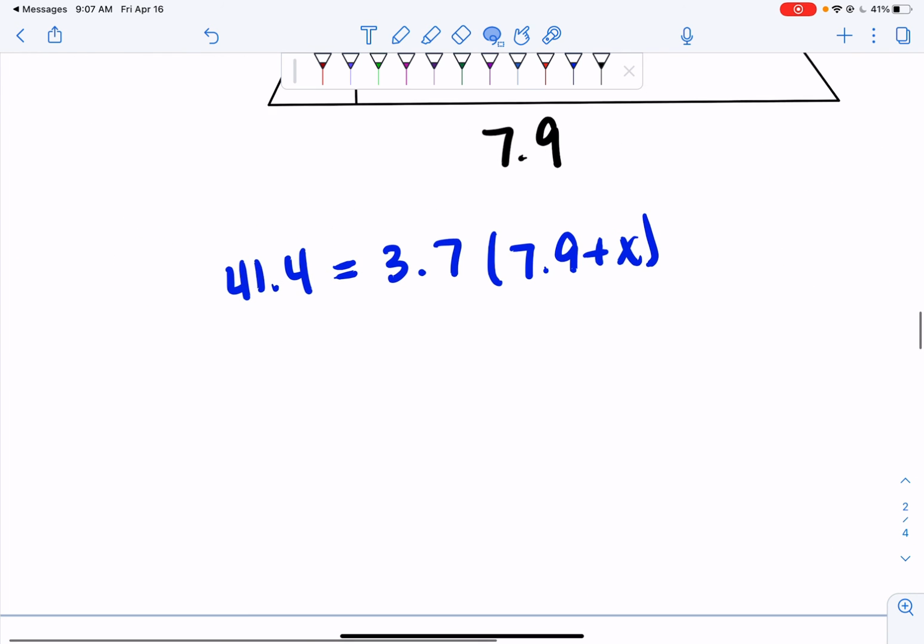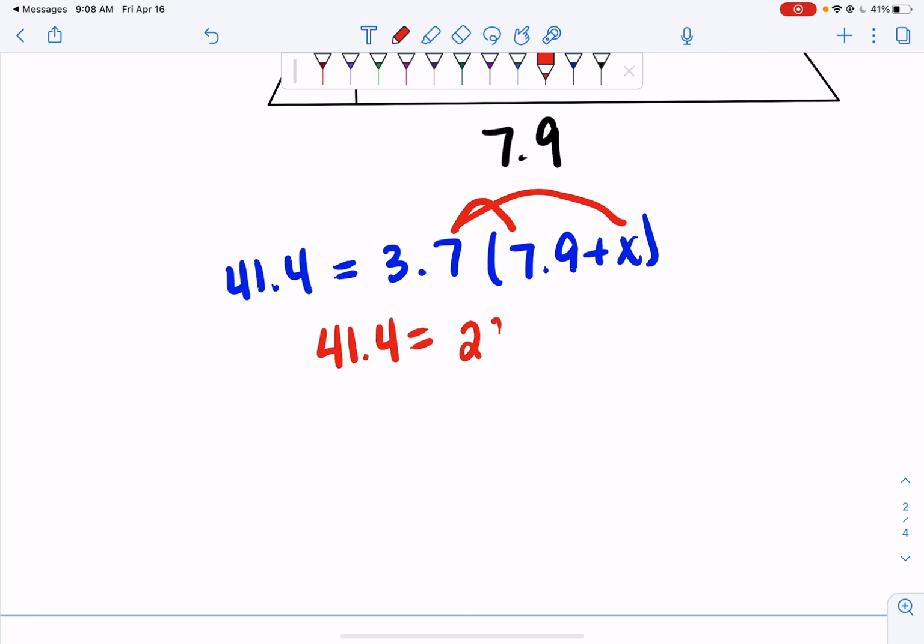Now, whenever I have a number on the outside of my parentheses, I have to distribute. So I distribute. So I get 41.4 equals 3.7 times 7.9 plus 3.7x. I got to get rid of my 29.23, so I'm going to subtract 29.23 from both sides of my equation.